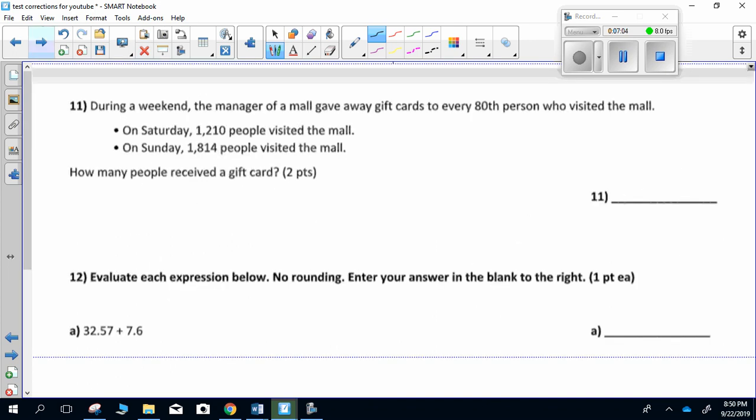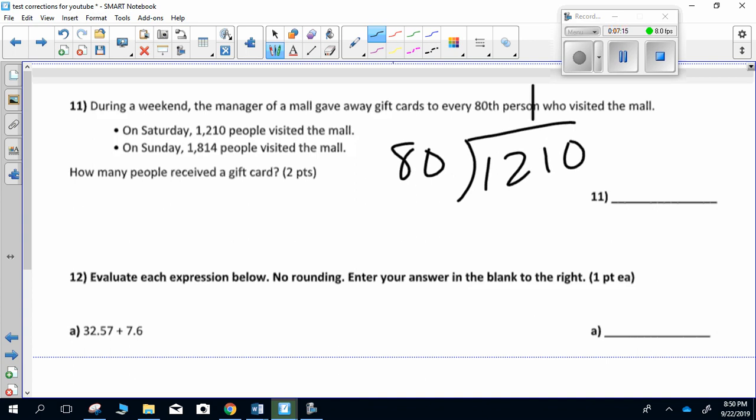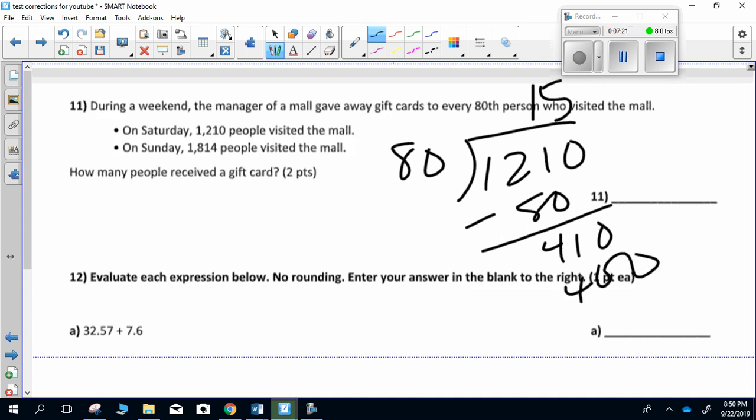The next question, during the weekend, 1,210 people visited the mall. Every 80th person got a ticket. So 1,210 divided by 80 is 15 people.